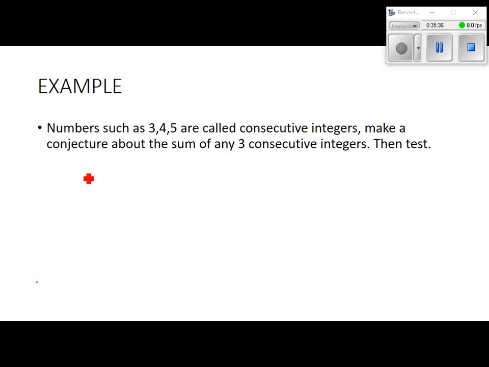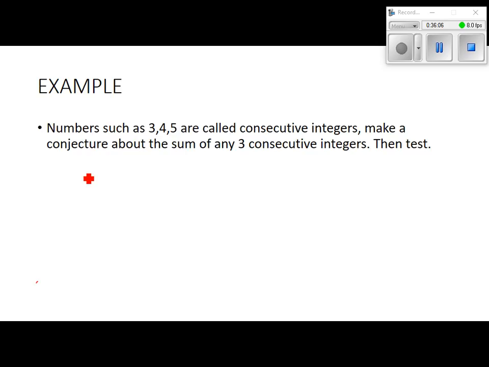Numbers such as 3, 4, and 5 are called consecutive integers. Make a conjecture about the sum of any 3 consecutive integers. So what I want you to do, just there on your paper somewhere, pick 3 consecutive integers and try to come up with some kind of conjecture, some kind of thought, and try to make it like you have some brain power.